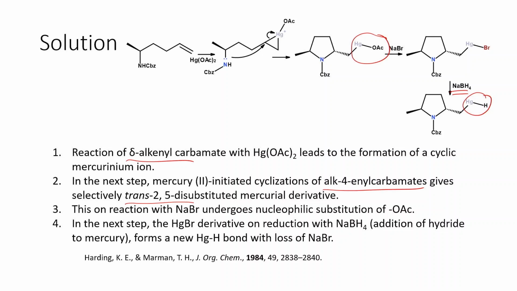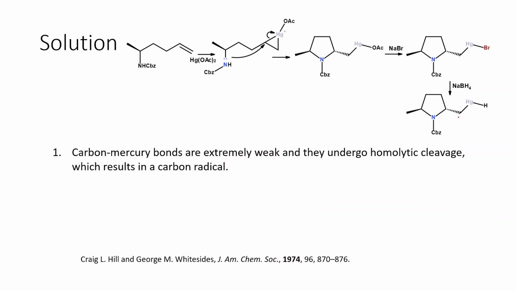Here the carbon mercury bond is present in this particular case, which is a very weak bond. So that bond will be easily broken. In other words, we end up with a radical on this particular carbon atom.